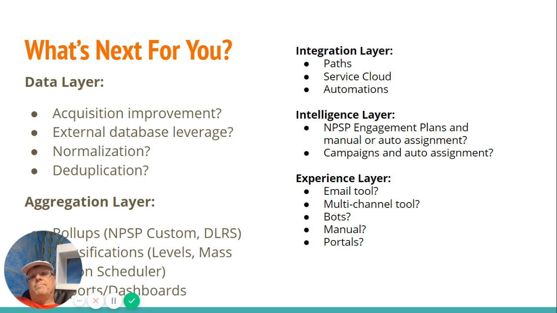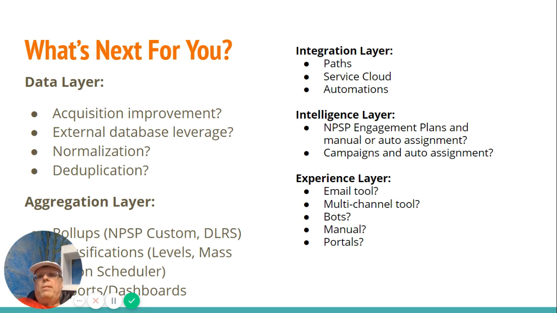At the aggregation level, do you need to better leverage NPSP rollups? Do you need to turn on the custom engine and tweak those definitions or add some more? Do you need rollup of other things for which you could use DLRS? Do you need classifications? Could the NPSP level engine work for you?